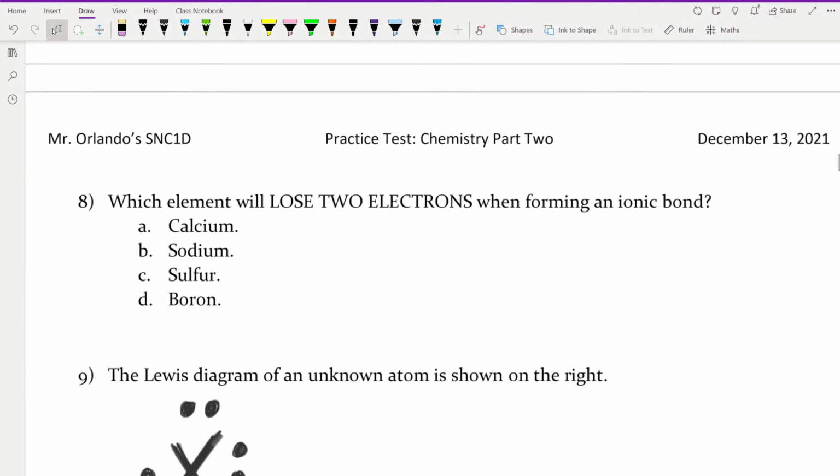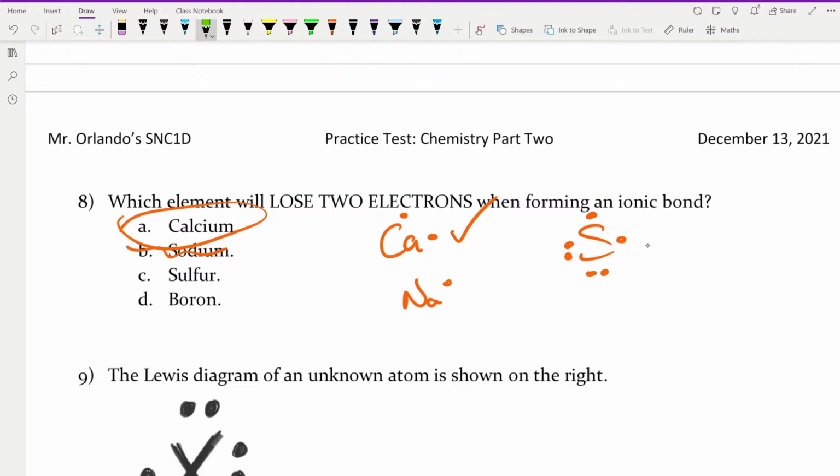All right, which will lose 2 electrons? Well, calcium has 2 electrons. That makes it the right answer. Sodium has 1 electron. That's the wrong answer. Sulfur has 1, 2, 3, 4, 5, 6, so it is going to gain electrons, not lose 2 electrons if it forms an ionic compound.